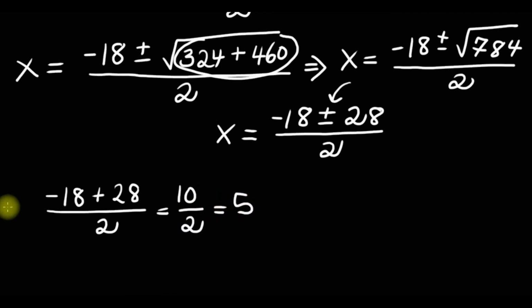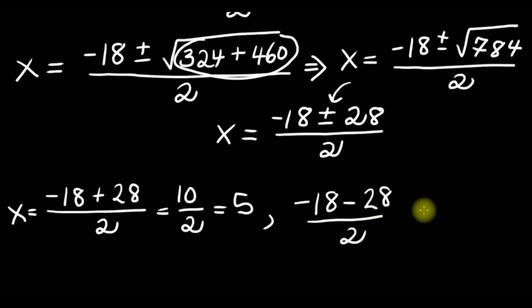So one of the x is 5. And then the other x is negative 18 minus 28 all over 2, and that's going to give you negative 46 over 2. 2 goes into 46 23 times, so this comes out to negative 23.